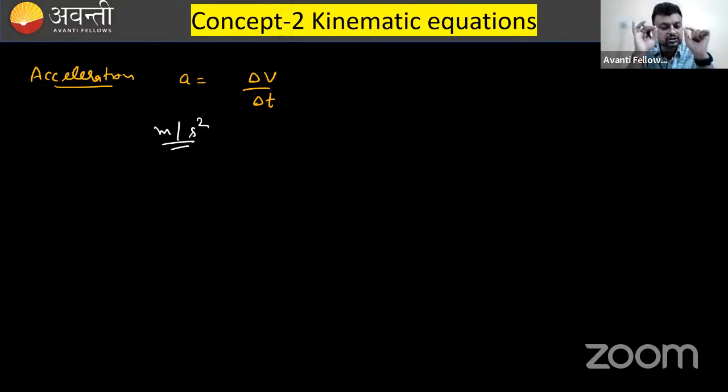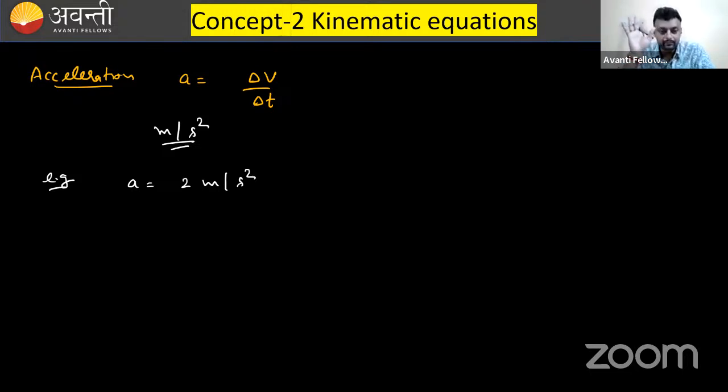If acceleration is given as 2 meter per second square, that means in 1 second, its velocity will increase by 2 meter per second. In 2 seconds, its velocity will increase by 4 meter per second. And in 10 seconds, by 20 meter per second.